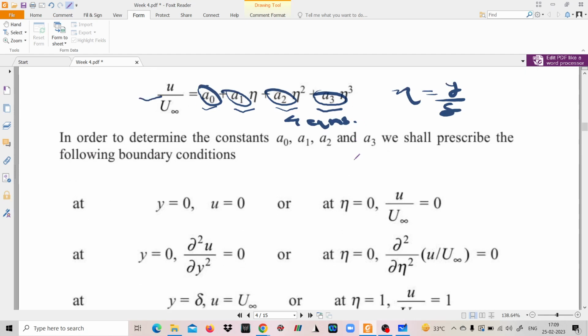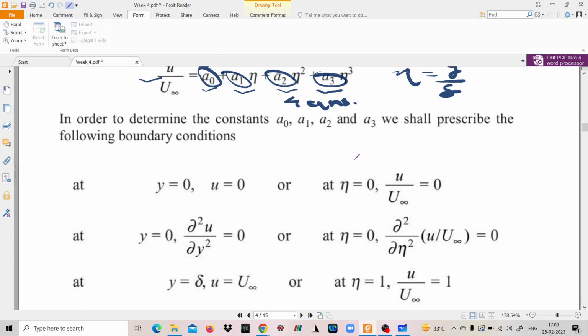So what you can do is apply the boundary conditions. But you cannot apply just any boundary conditions; you need to apply boundary conditions which satisfy the boundary layer flow situation.